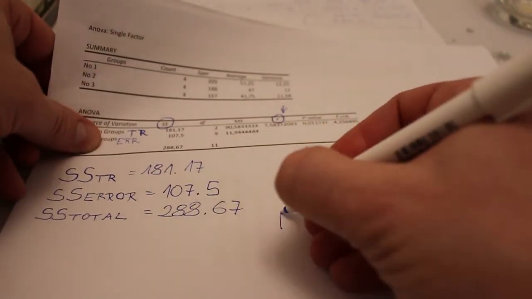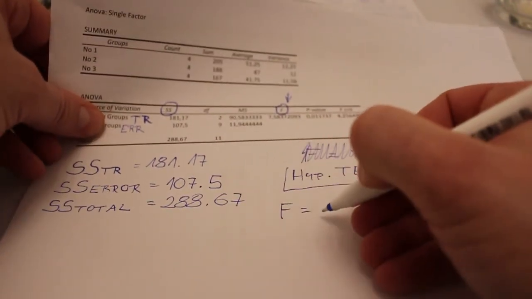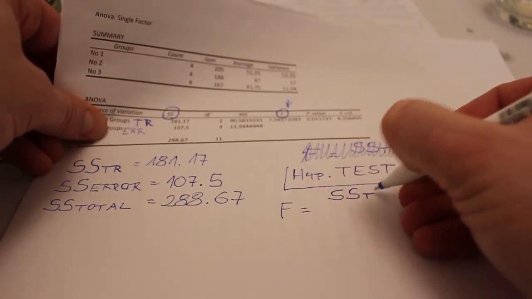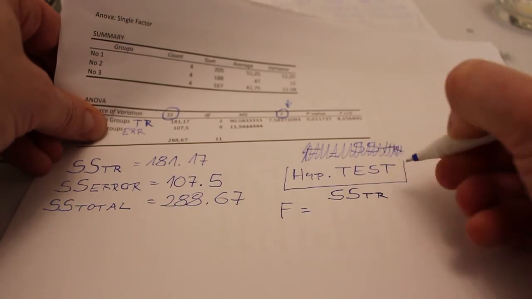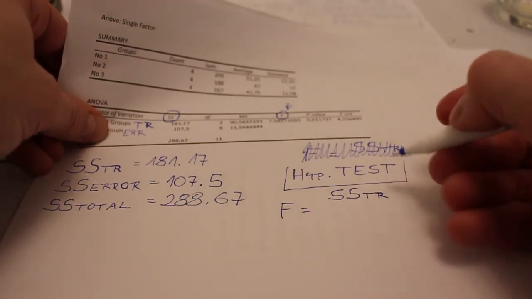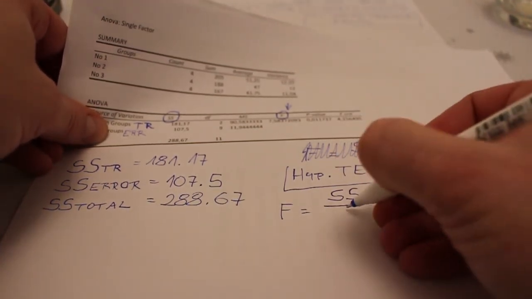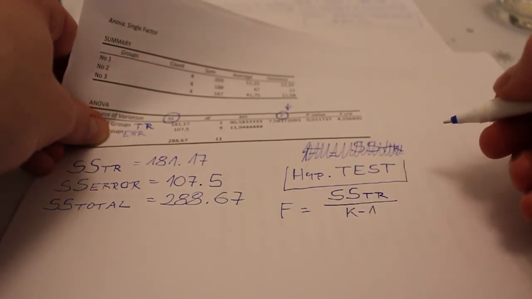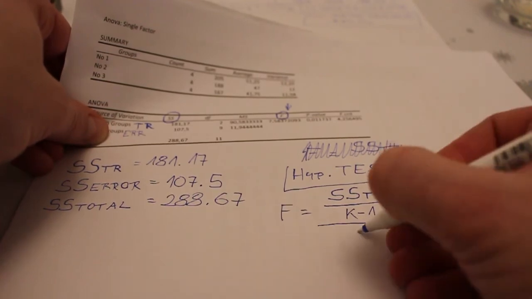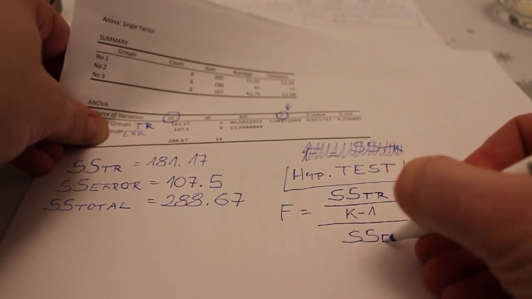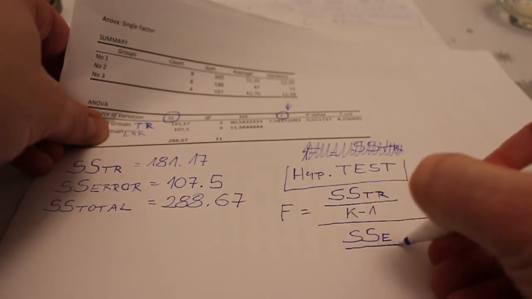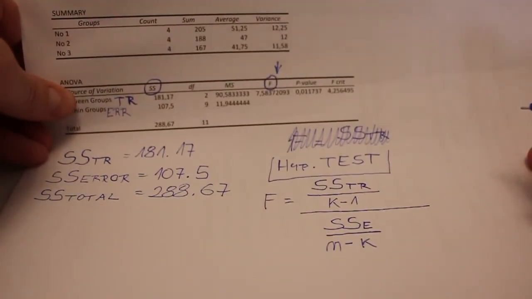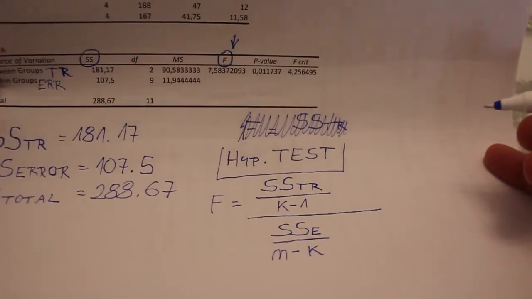And if you check your formulas, you can see that the Fisher F statistic is calculated as the treatment sum of squares, which we already calculated, divided by k minus 1. And this is divided by the sum of squares error divided by n minus k. Okay, so we know everything.